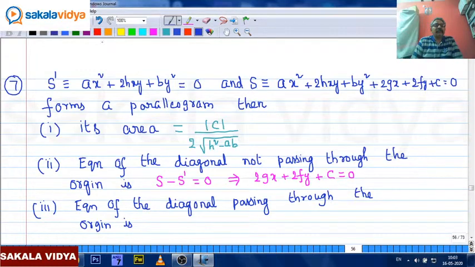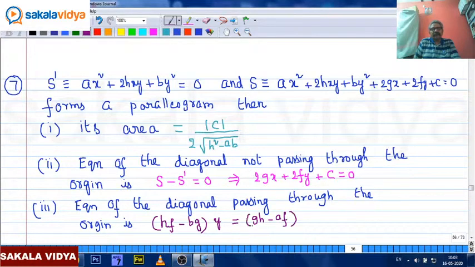The equation of the line passing through the origin is given by hf minus bg of y equals to gh minus af of x, or you can remember like this: y by x is equal to gh minus af by hf minus bg.